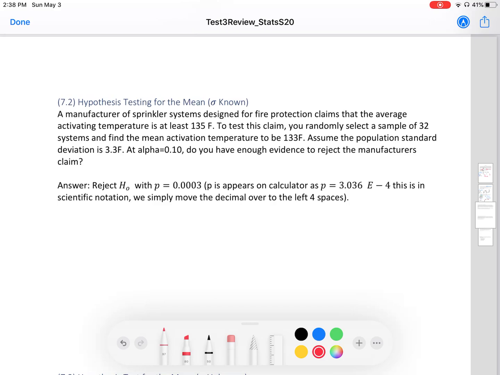So for your hypothesis test, have these in mind. We have 2 options. We're going to compare our answer, our P, to our significance level, our alpha. If P is less than or equal to alpha, we're going to reject the null hypothesis.